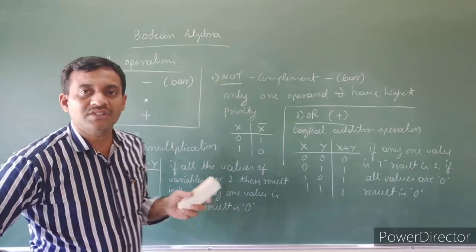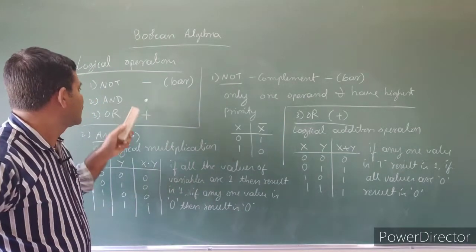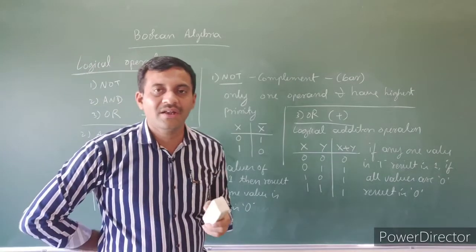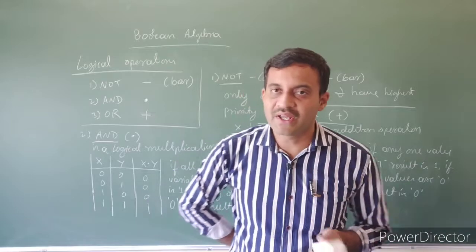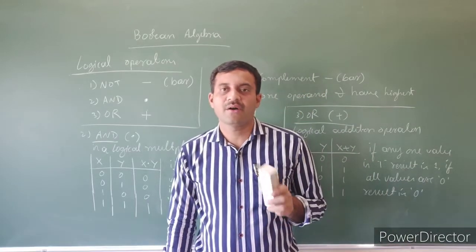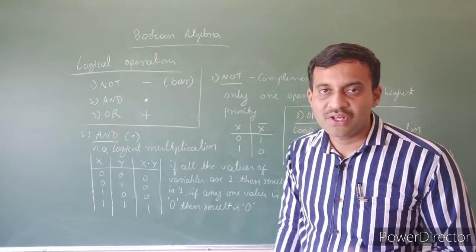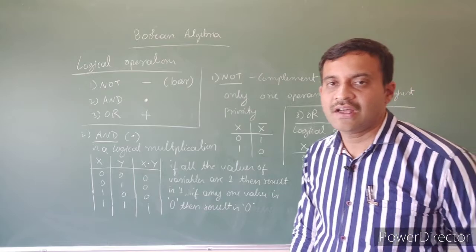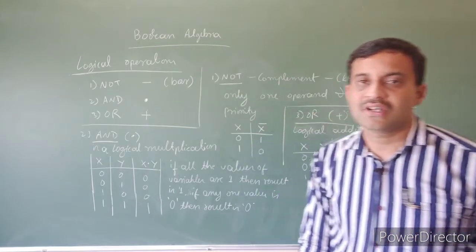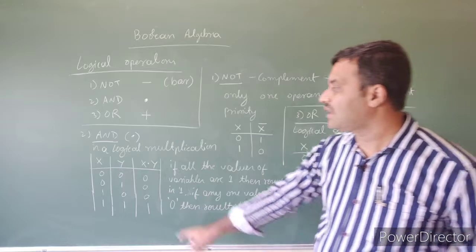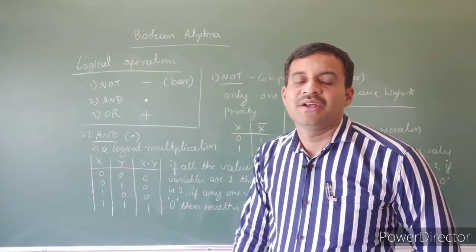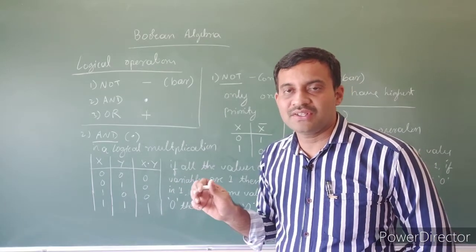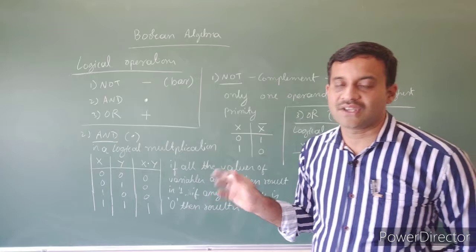So these are the three logical operators: NOT, AND, OR. Here NOT works with a single variable, while AND and OR work with two or more variables. They need at least two variables, but work with two or more. The AND operator is similar to logical multiplication. The OR operator is similar to logical addition. In logical multiplication, that is in AND, if any one of the values is 0, the result is 0.